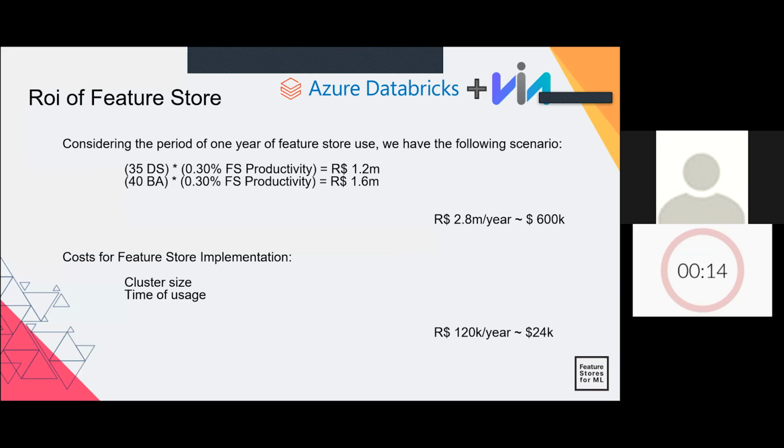So based on this value, I think the question that appears is, okay, you increase your productivity by 30% and it represents around $600,000, but how much does feature store cost in the implementation? Here at VIA, we work with Azure Databricks, so all of our development environment is based on Azure Databricks.